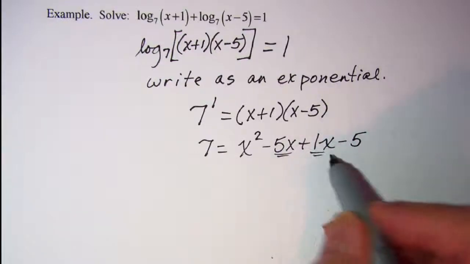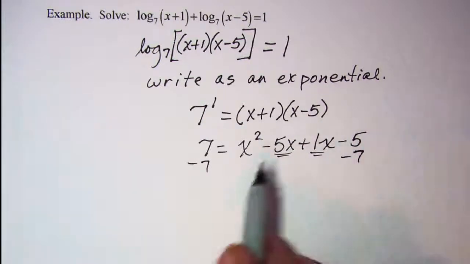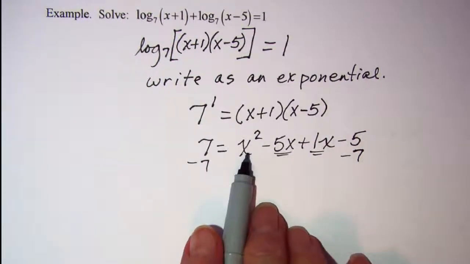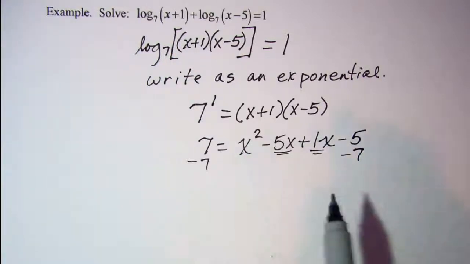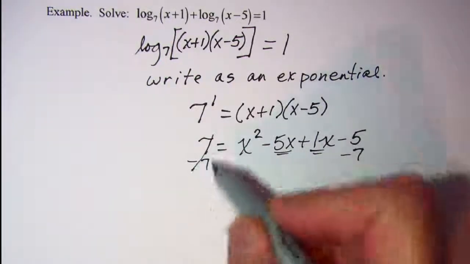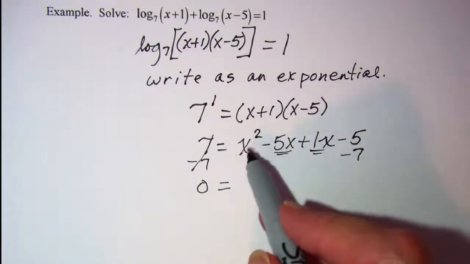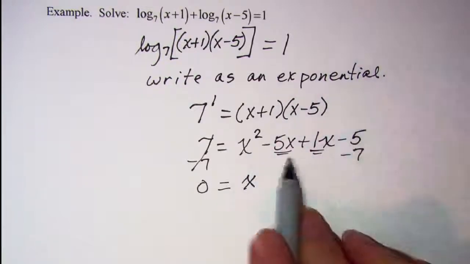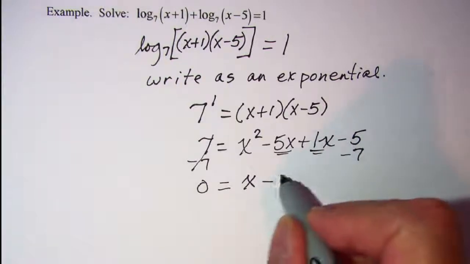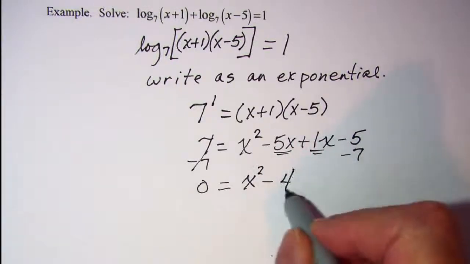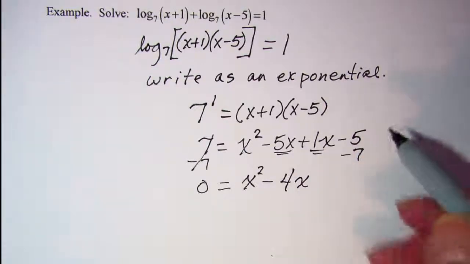Combining our terms and subtracting our 7 over to the other side. Since we have a quadratic, we need to get ready to either use factoring, the quadratic formula, or completing the square to solve. This gives me 0 on the one side, and then we have x squared. These two terms combine to give me a negative 4x. And then this is negative 12.